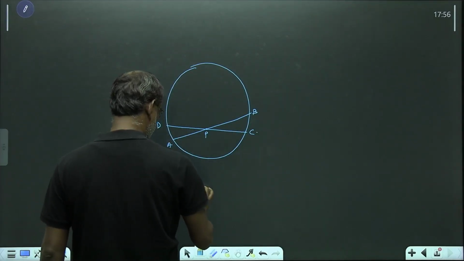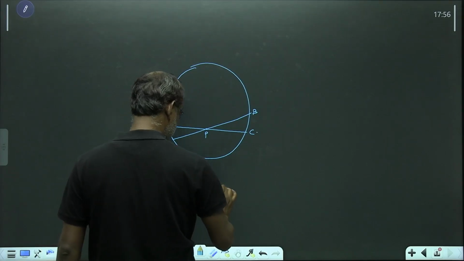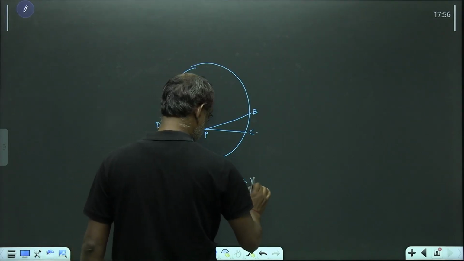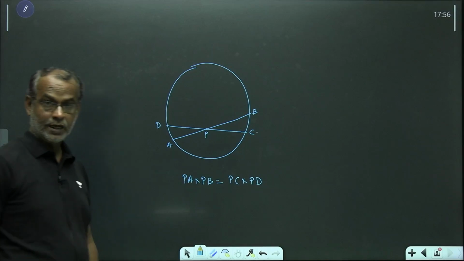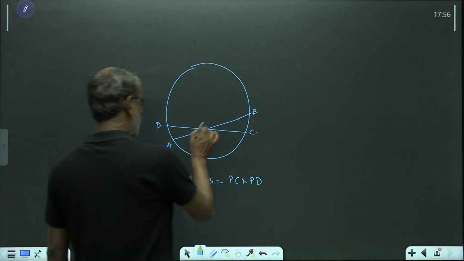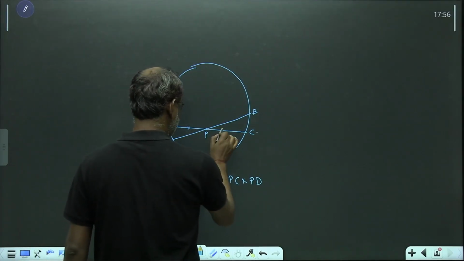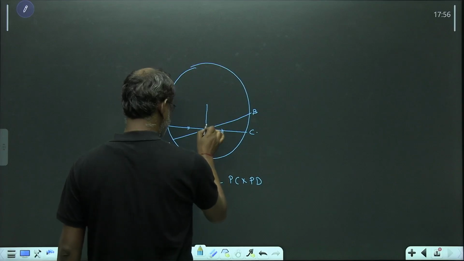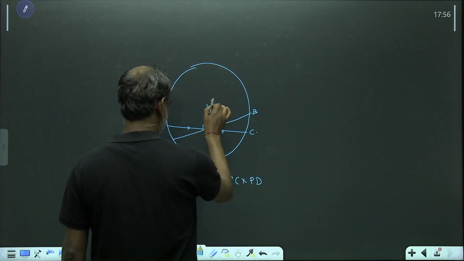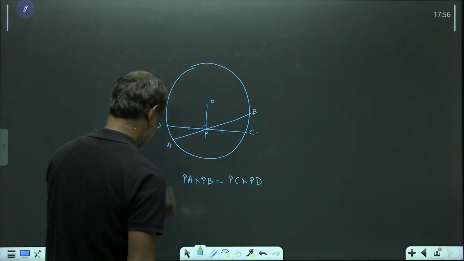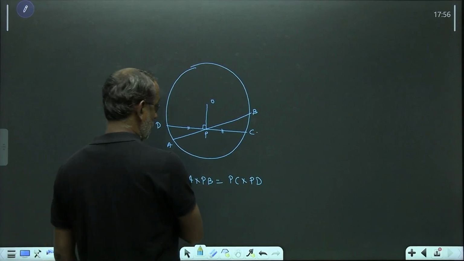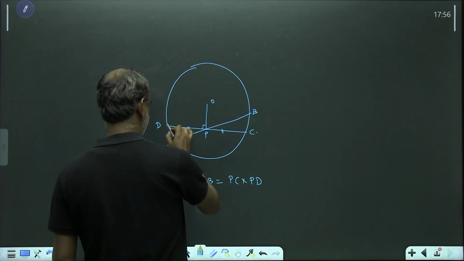PA into PB we have already gone through is PC into PD, is it not? Now, if P is the midpoint, O is the center, so what is PC or PD?